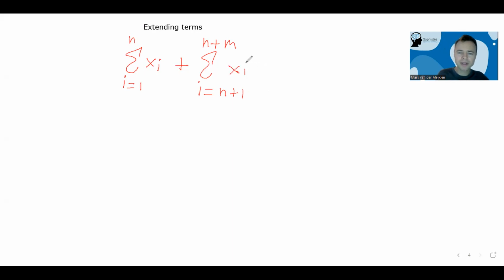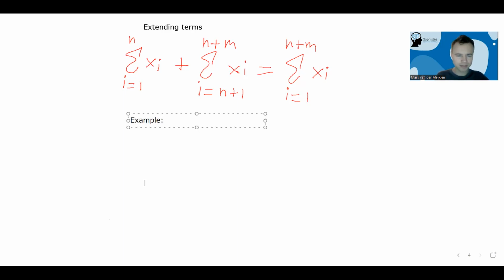And according to that property, those two summations added together are the same as this summation. i is 1, n plus m, x i. So I'm going to show you with an example that this really is the case. So here we go, example. Let's say we have this summation.